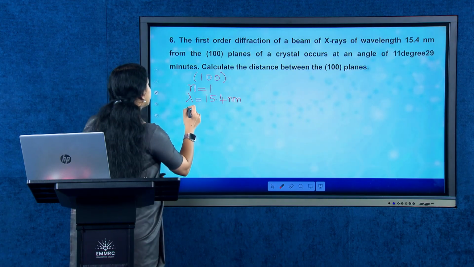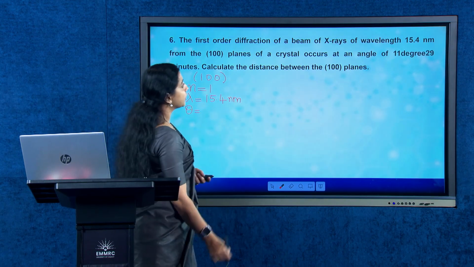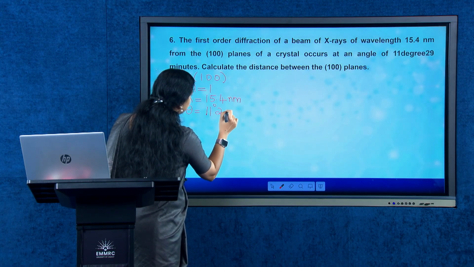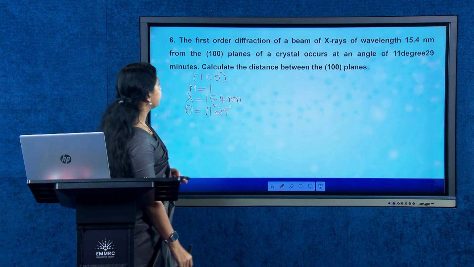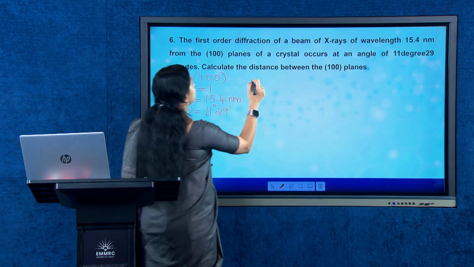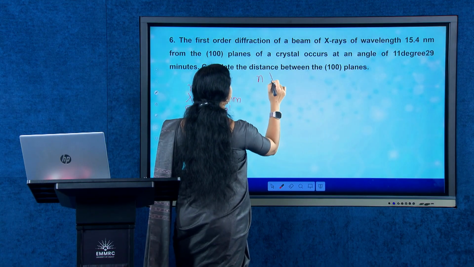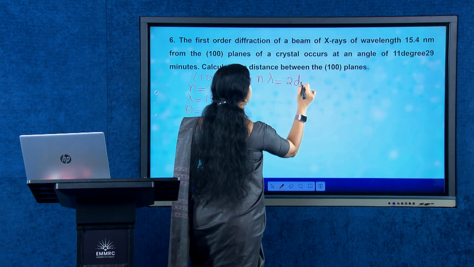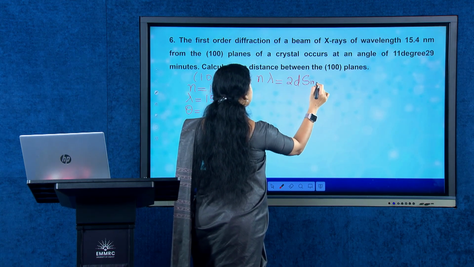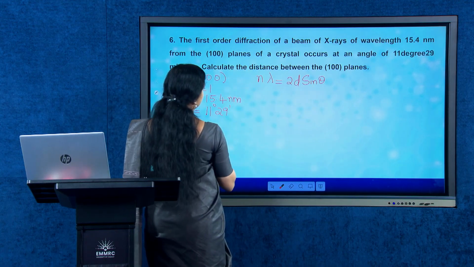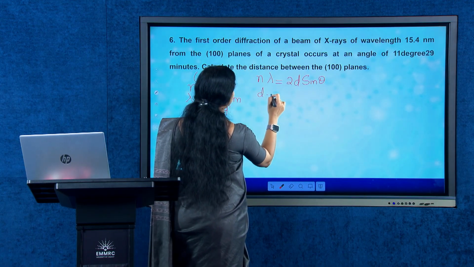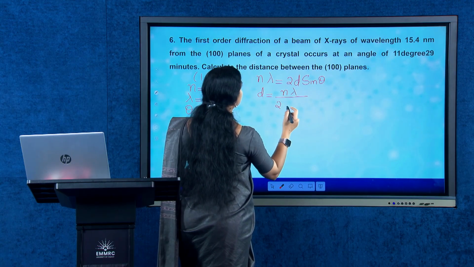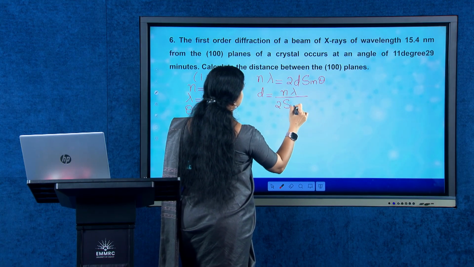The angle given, theta is equal to 11 degree 29 minutes. So, we have the Bragg's equation, n lambda equal to 2d sin theta. So, we have d is equal to n lambda by 2 sin theta.